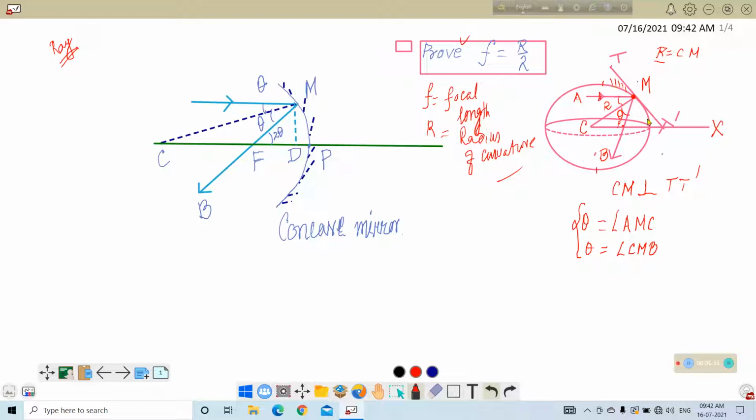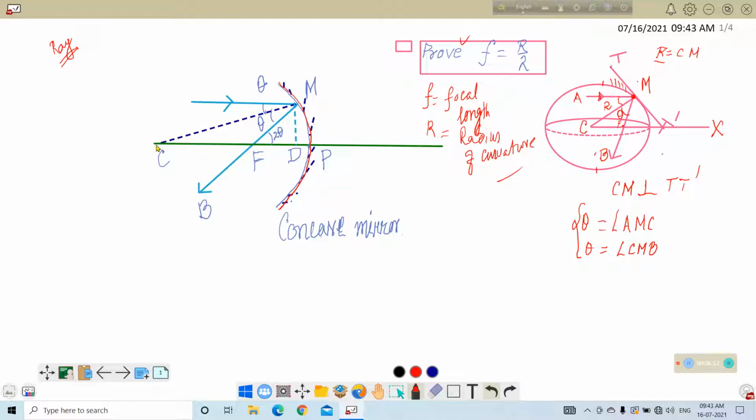So every curved surface has a fixed center of curvature. So it is the part of this particular mirror as shown in this figure is a part of a spherical surface, and as it is a part of a spherical surface, it must have a center of the circle, and any line drawn from the center of the circle or center of the spherical body up to the periphery will be treated as the radius of curvature.